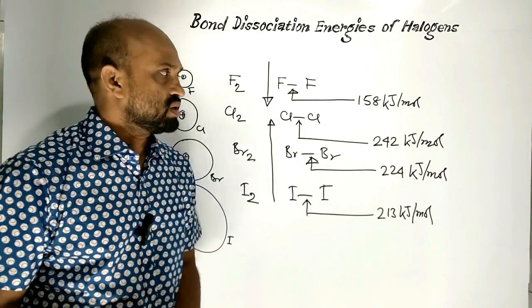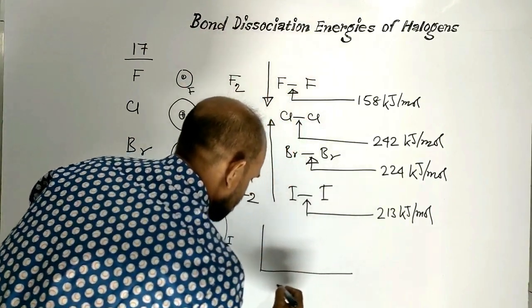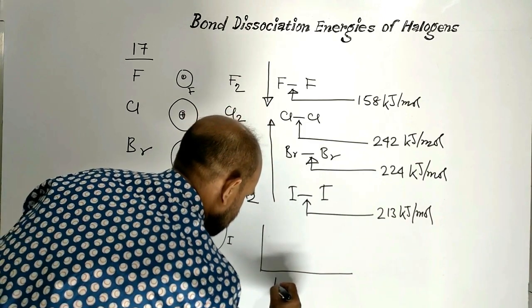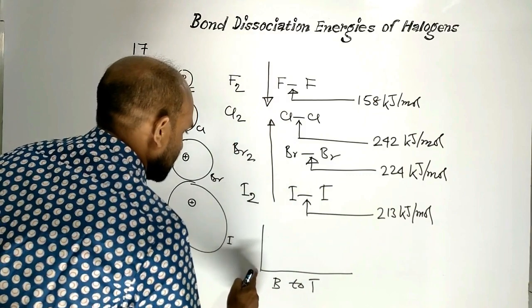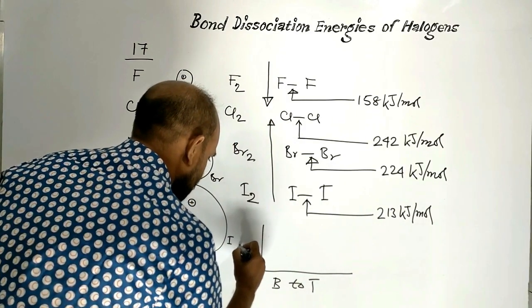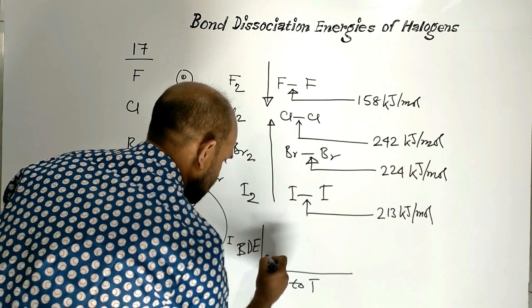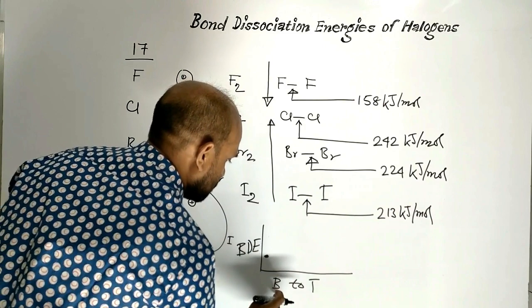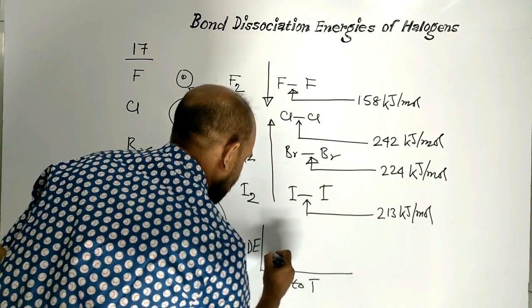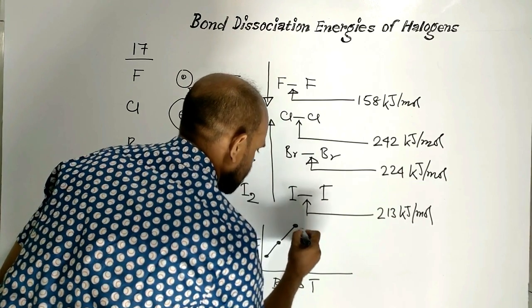Graphical representation may be like this. Along the x-axis, bottom to top. Along the y-axis, bond dissociation energies. Initially, it increases from bottom to top: iodine, bromine, chlorine.